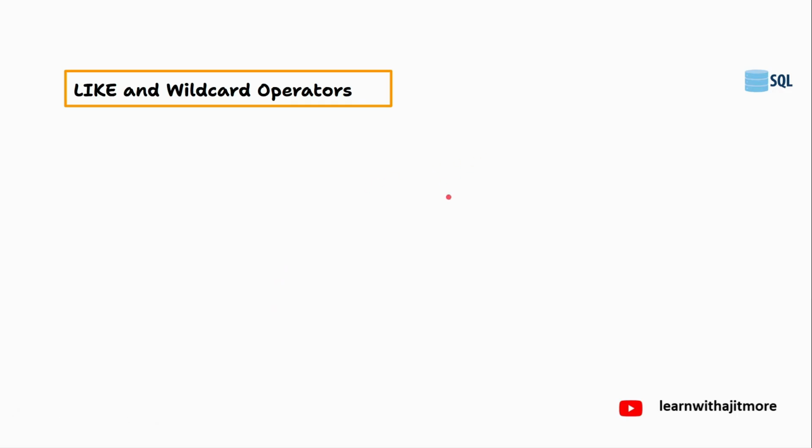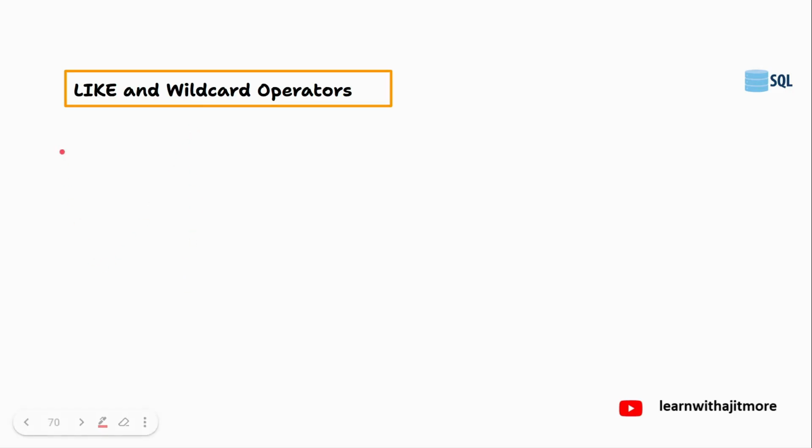Correct? So pattern matching, like you want to check whether your values are starting with a, or whether they are ending with a, correct? Or somewhere they are having substring a, whatever. So I want to just check the pattern, means whether my value in the table is matching with that pattern. If it is matching with that pattern, it is true. If it doesn't follow the pattern, it is false.